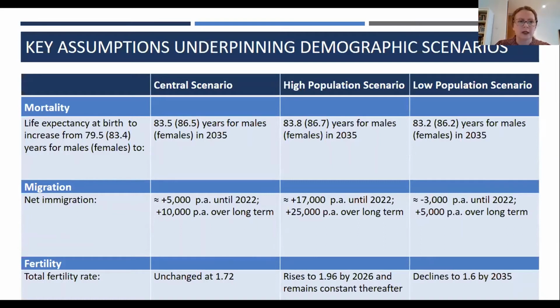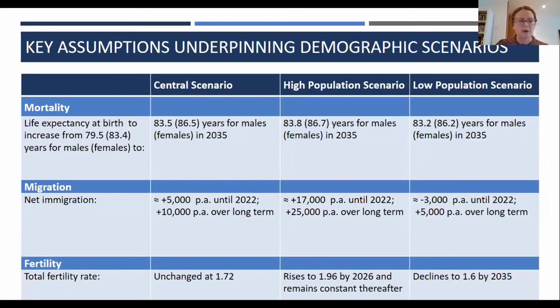In our central scenario, life expectancy at birth is expected to increase for males from 79.5 years to 83.5 years by 2035, and for females from 83.4 to 86.5 years by 2035. And the improvements are stronger in the high population scenario and weaker in the low population scenario. But across all scenarios, we do expect to see improvements in mortality.